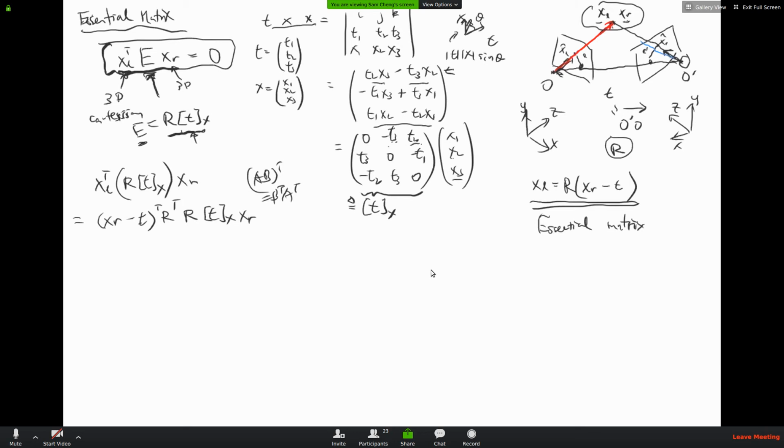Because it's a rotation matrix, R transpose R is equal to identity. That's a property of rotation, because for a rotation matrix, R transpose rotates back basically. So R transpose R will be just equal to identity. Now then Tx times xr will be equal to T cross xr, right?